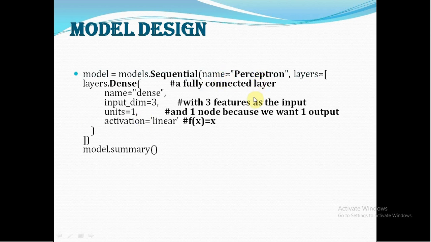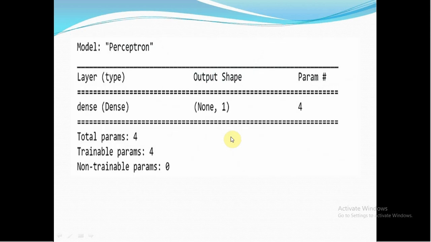This is a fully connected layer with 3 features as the input and 1 node, because we want one output. Here total parameters are 4 trainable parameters and non-trainable parameters are 0. The summary function provides a snapshot of the structure and the size in terms of parameters to train. In this case we have just 4, meaning 3 weights and 1 bias.